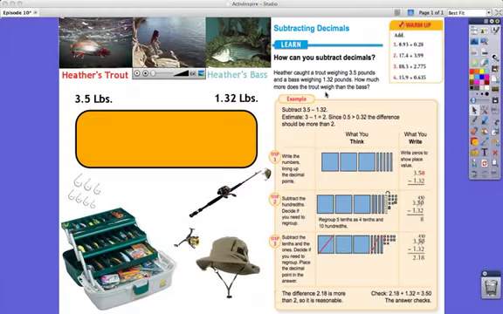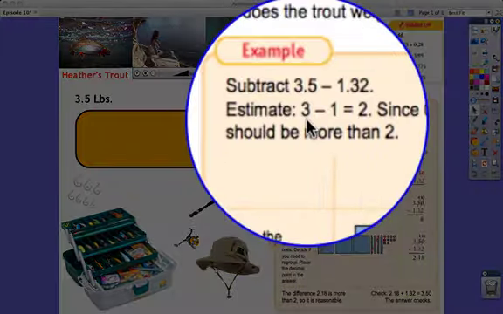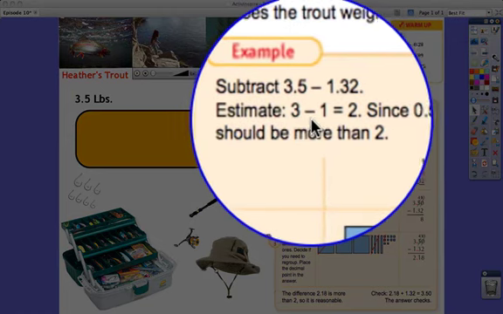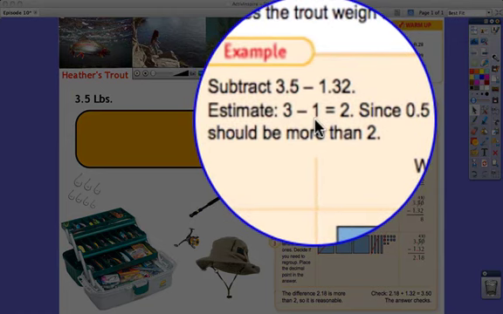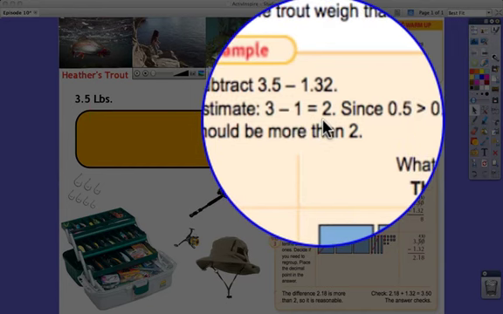Before we really start to solve the problem using subtraction, we want to get an overview. We want to see if we're in the ballpark of getting the right answer by doing some estimation and rounding. So we take 3.5 minus 1.32, and we'll round. We'll round 3.5 to 3, and 1.32 to 1, and as you know, we get 2.